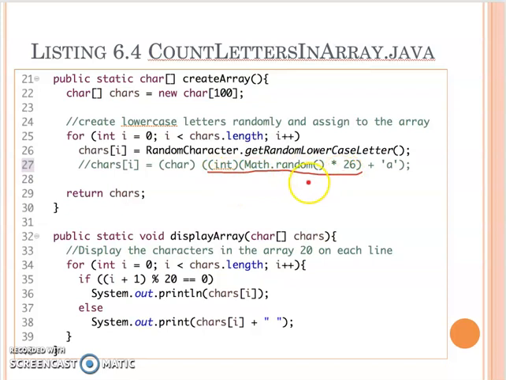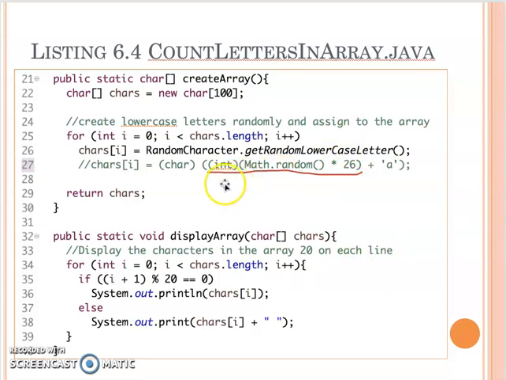With 0 to 25, we can add 'a'. If the value returned is 0, 0 plus 'a' is still 'a', so I return 'a'. If the random number is 25, 'a' plus 25 becomes 'z', because in the ASCII table, a to z, no matter uppercase or lowercase, are in order.